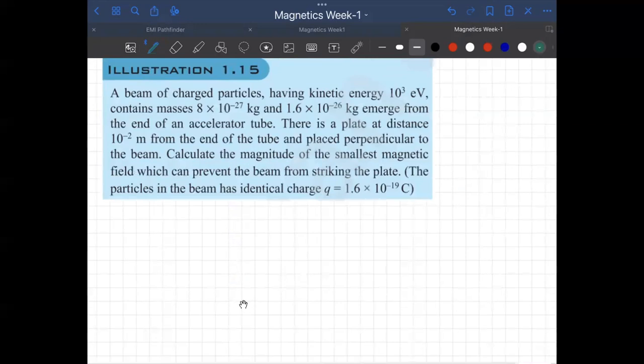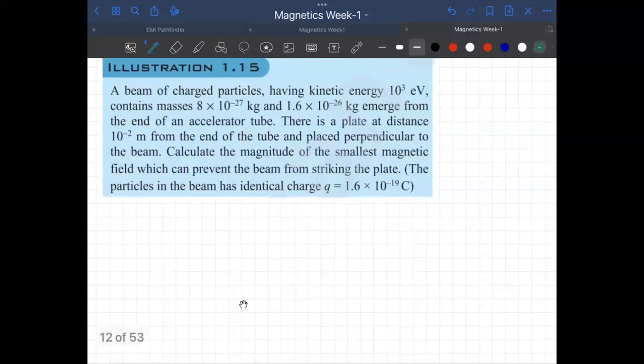Read the question carefully. They have given kinetic energy, mass, and charge. There is a plate at a distance of 10 power minus 2 meter from the end of the tube, placed perpendicular to the beam.